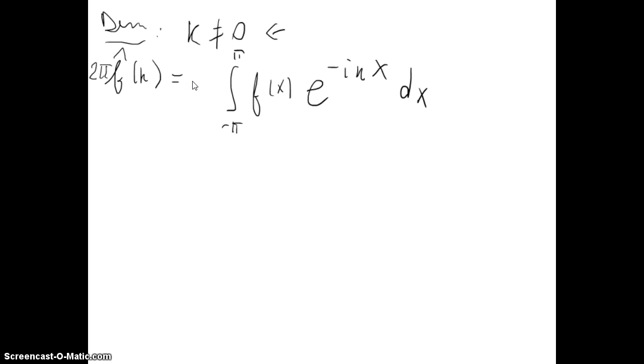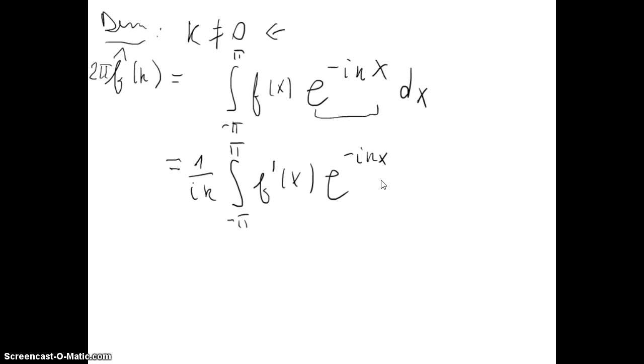So now, if we use integration by parts, the right hand side is going to be 1 over ik, which comes from this part, and now we will have the integral from minus pi to pi of f prime(x) e^(-ikx) dx.